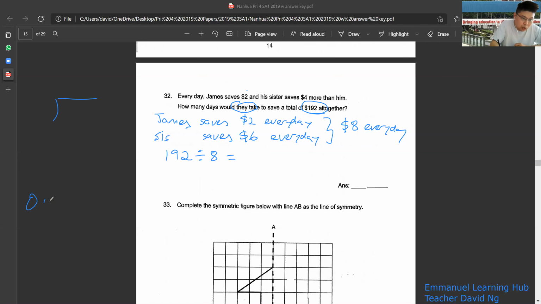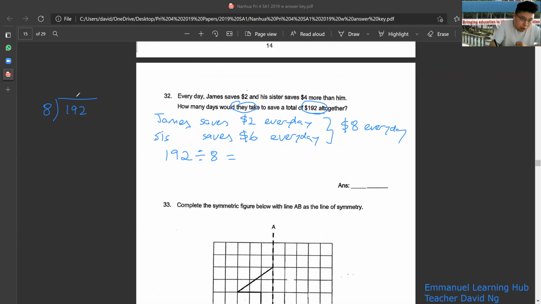So 1 day, 2 days, 3 days. Don't know how many days. Combined together is 192. So to find how many days, you divide by 8. Understand? So divide by 8, what's the answer?